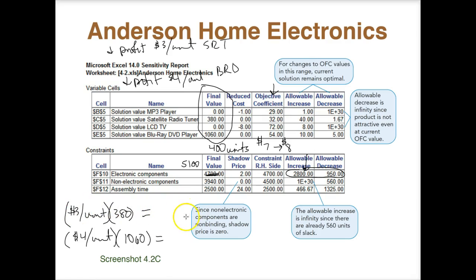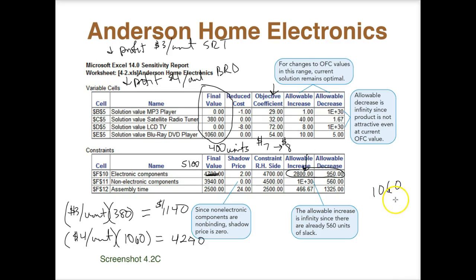For 380 times that, that's 900 plus another $240, so $1,140 here, if my math is correct. And for the 1,060 units times the $4 a unit, that would be 4,000 plus another 60 times 4, which is 240, so 4,240 there.